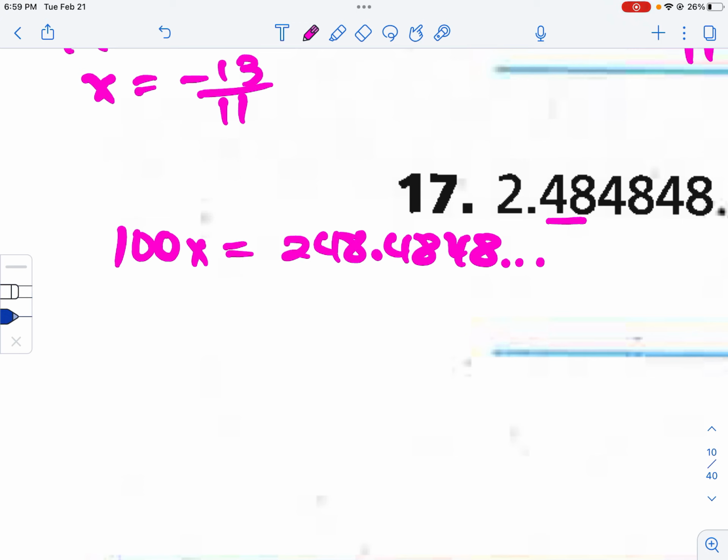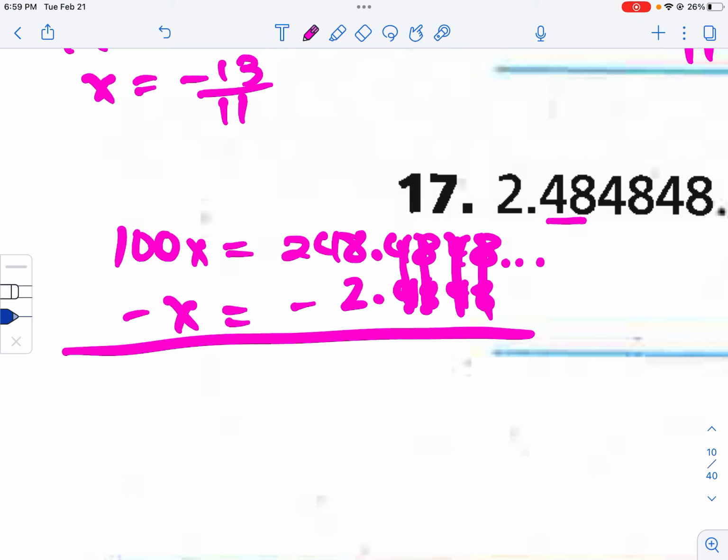When I go to write the x equals, we want these to line up. We want these to go away. So we can tell by, are those lining up? Are they getting rid of the repeating part?